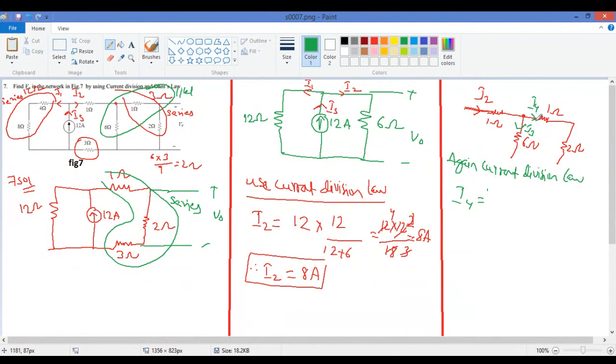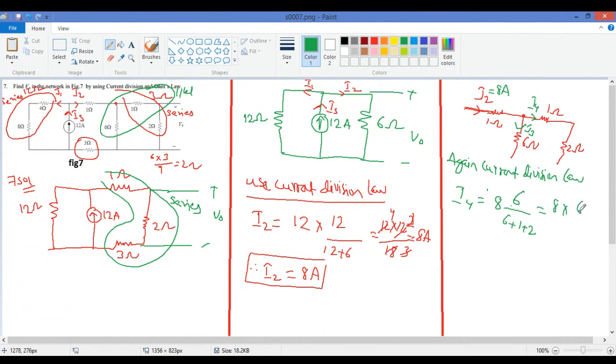I4, total current is I2, and we know that this is 8 amperes. So 8 total current into, okay, current is getting divided into I3 and I4. So take the other resistance, 6 by 6 plus 1 plus 2, because this is in series, 3 actually.